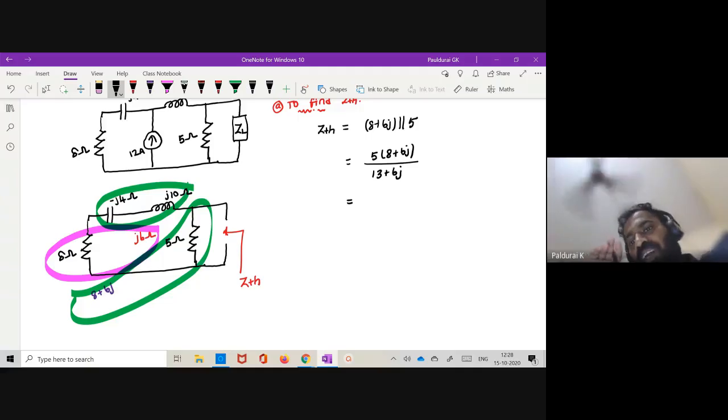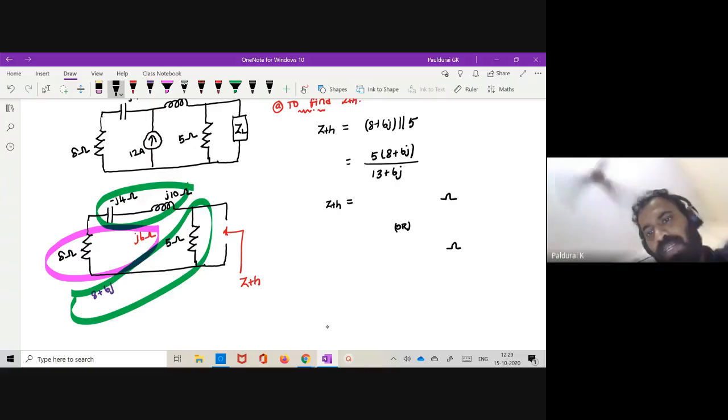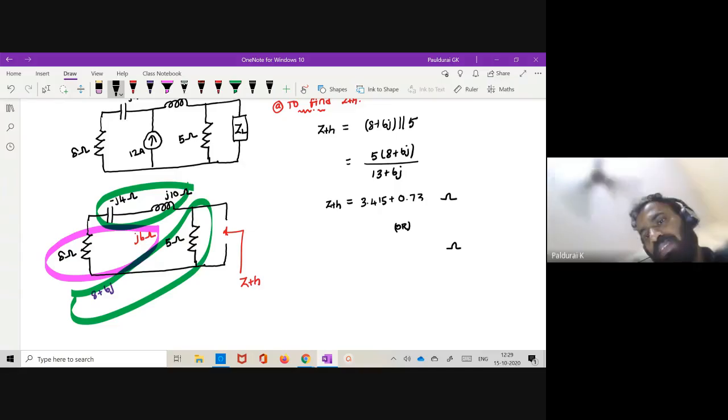Now use your calculator to get ZTH and let me know the value in terms of both polar as well as rectangular form. So 3.41 plus J0.73 ohm.